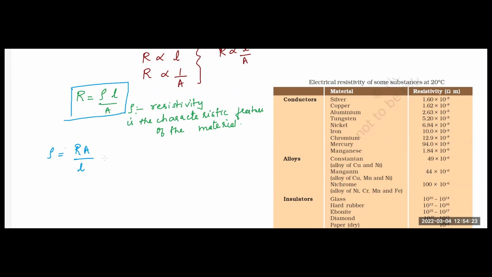So from that, what is the SI unit? Ohm for resistance, meter square for area, meter for length. By cancelling out meter square and meter, you'll get ohm meter. So ohm meter is the SI unit of resistivity.